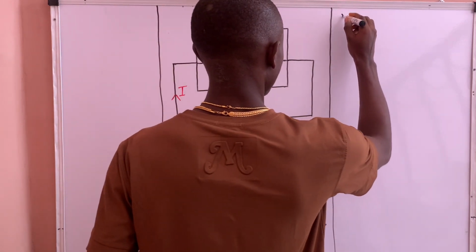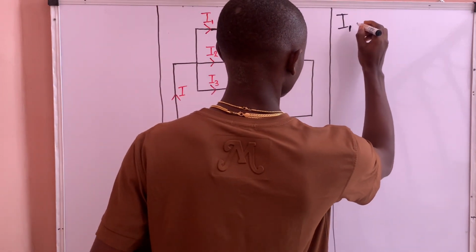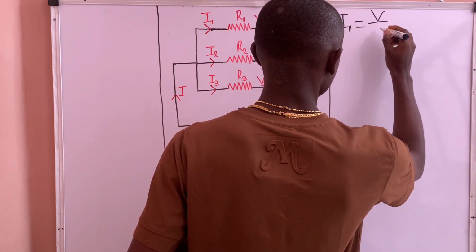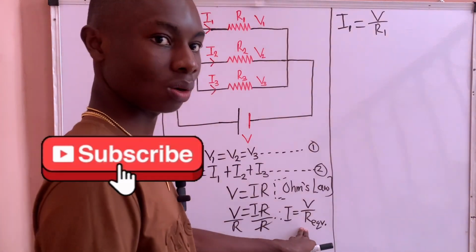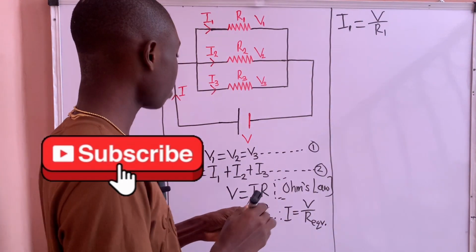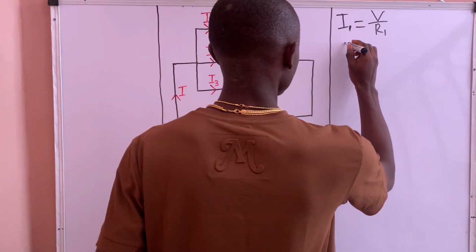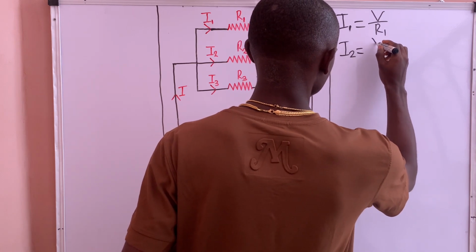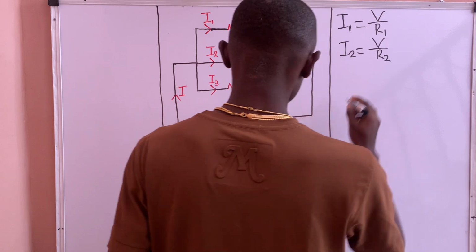Then the value of I1 that differs in the circuit, with respect to Ohm's law, will be I1 equals V all over R1. Also, the value of I2 will be V all over R2.